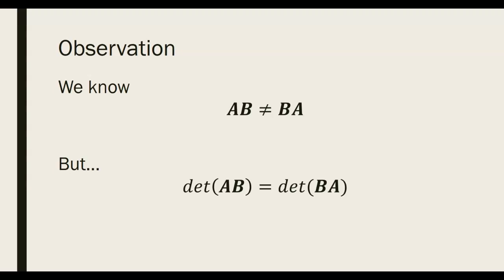However, because real number multiplication commutes, when you take the determinant of A times B, it will give you the same determinant as B times A. Okay? And by the way, the proof of that is just to say, well, the determinant of A times the determinant of B has to be equal to the determinant of B times the determinant of A, because they are real numbers, so they can swap places.